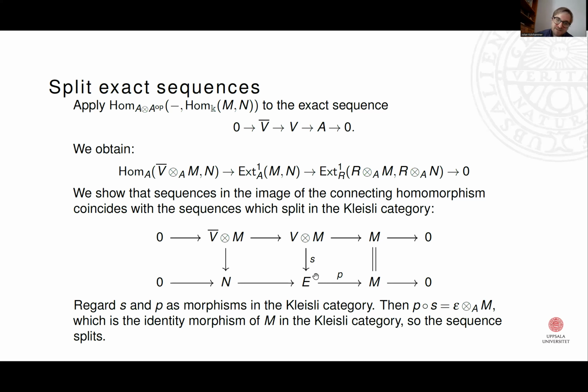But you also have this little morphism S from V tensor M to E, and via tensor-Hom adjunction, this can also be regarded as a morphism in the Kleisli category. Now you can look at what happens if you compose P and S. Because this diagram commutes, you get epsilon tensor M. But epsilon tensor M actually corresponds to the identity morphism in the Kleisli category. So this means that the map P splits as a map in the Kleisli category.